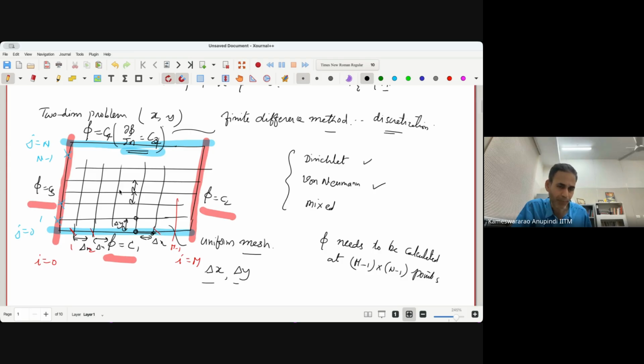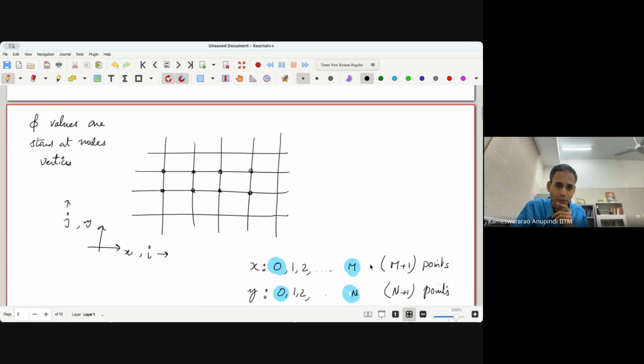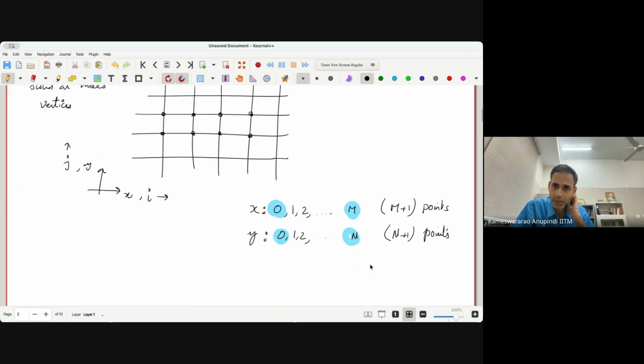If all Dirichlet boundary conditions are given, then phi values are unknown at m minus 1 times n minus 1 points. That many unknowns is what I have. Everything in between, 1 to m minus 1 and 1 to n minus 1, is my unknowns.